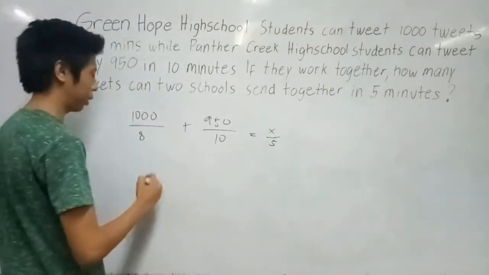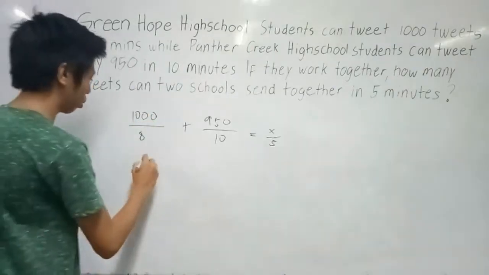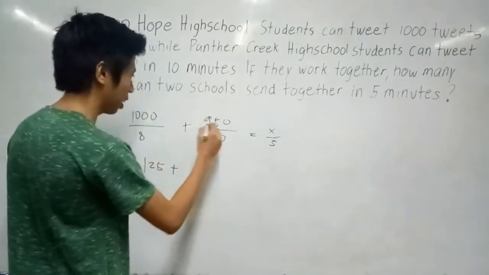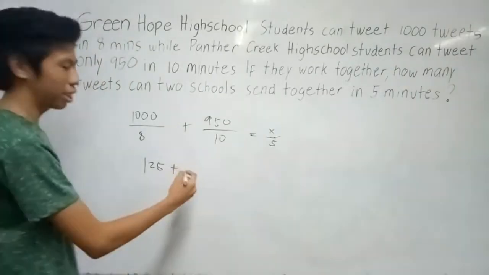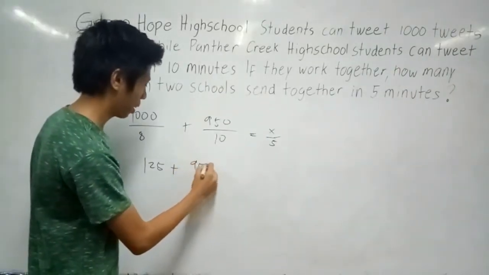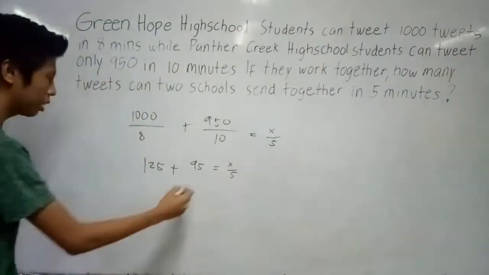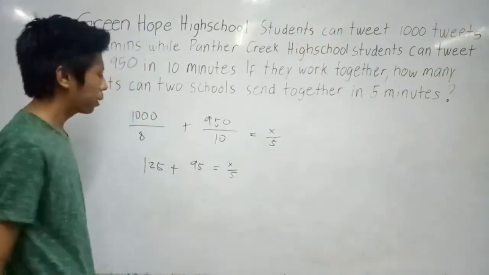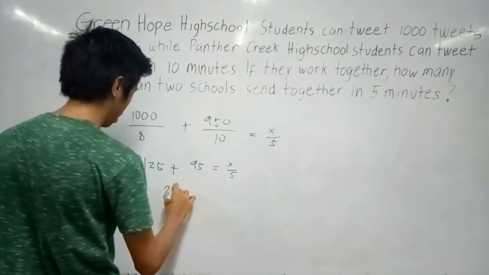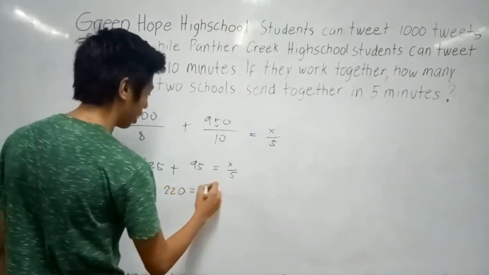We will simplify this first. 1,000 over 8 is equal to 125, plus 950 over 10 is equal to 95, equals x over 5. Simplify again. 125 plus 95 is 220, equals x over 5.